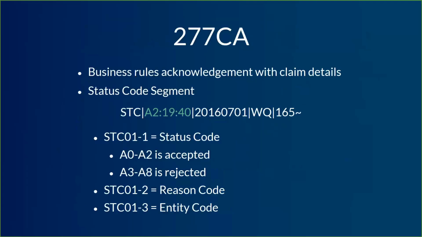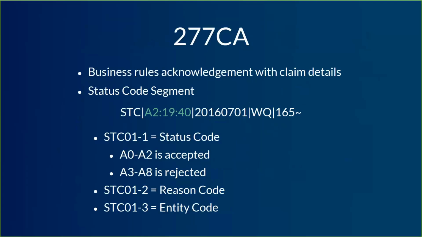And the STC01-1 is going to be the actual status of the original file. And that code, it'll be somewhere between A0 and A8. A0 to A2 is some form of acceptance where the file is continuing on to process more, and A3 to A8 is rejected in some form or another. In this particular example, this one would have been an acceptance.